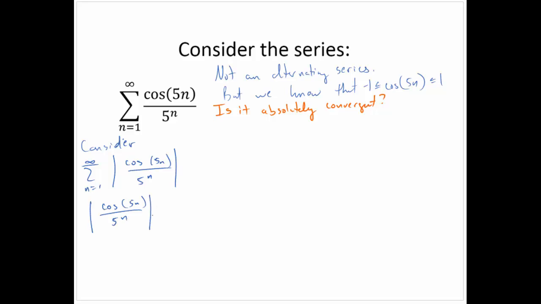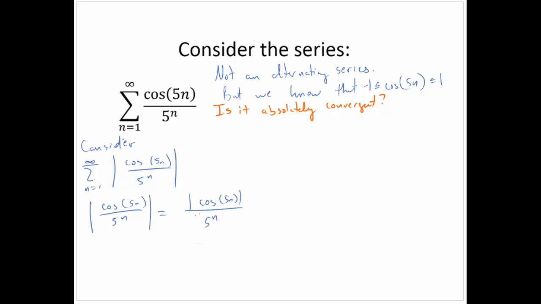Now look at the terms. The absolute value of cosine of 5n over 5 to the n. If we have an absolute value of a quotient, we can break that up, and so that would be the absolute value of cosine of 5n over the absolute value of 5 to the n. Now, 5 to the n is always positive, and so we don't even need the absolute value bars around the 5 to the n.